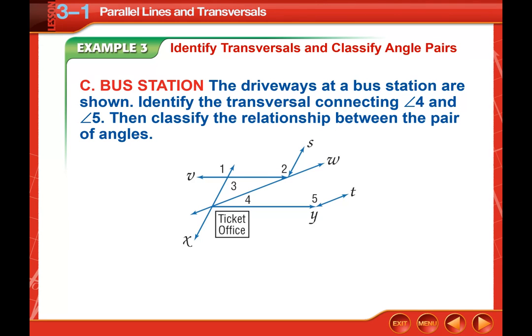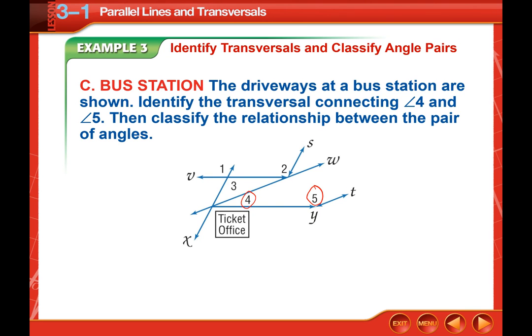Angle 4 and angle 5. Here's our angle 4. Here's our angle 5. Okay. We need to identify the transversal and classify the relationship. Okay.